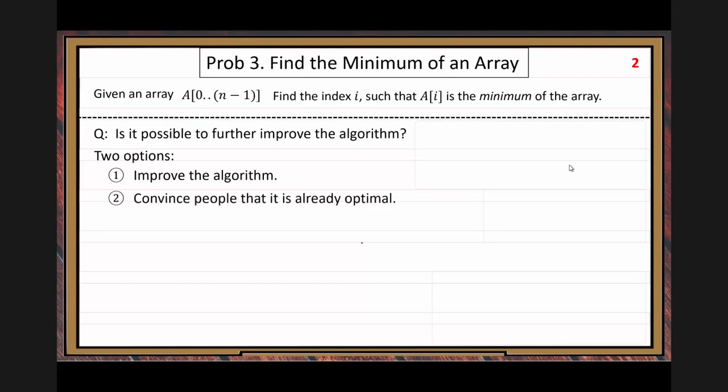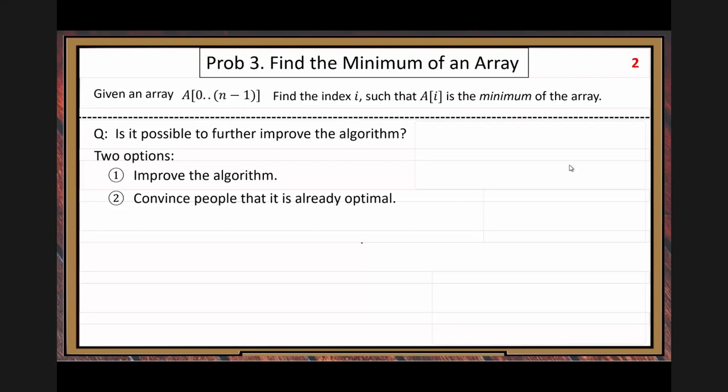The second option, convince people that this is already optimal. Optimal means no room for improvement, right? If you can convince people this algorithm is already optimal, there is no chance to do further improvement.